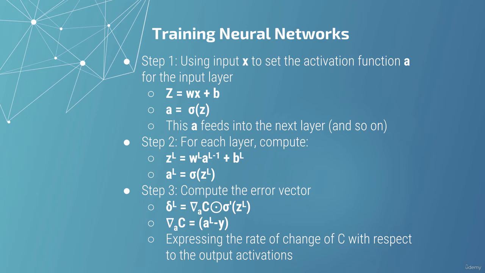The Hadamard product is taken of the vector of C and the derivative of the sigmoid function. The apostrophe next to the sigmoid represents the derivative. And we also define that how C changes is defined as a to the L minus y. This looks pretty complicated, but just understand the main ideas.